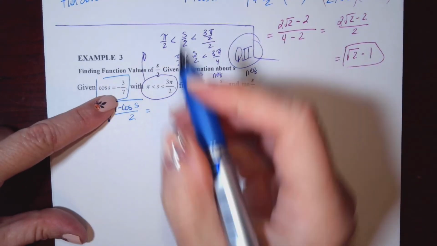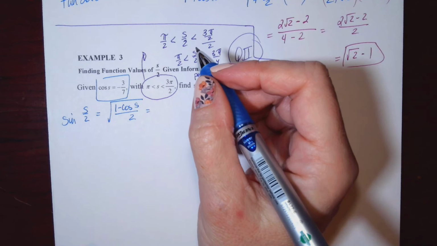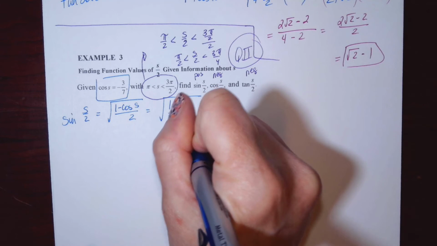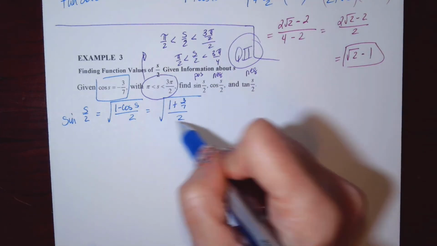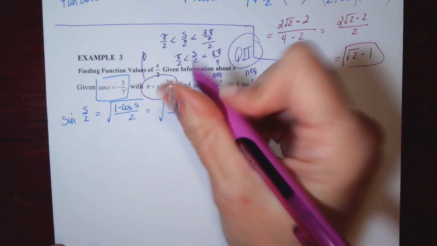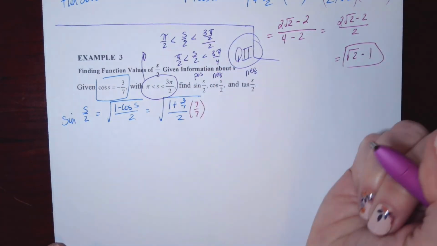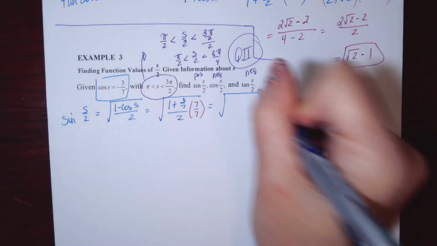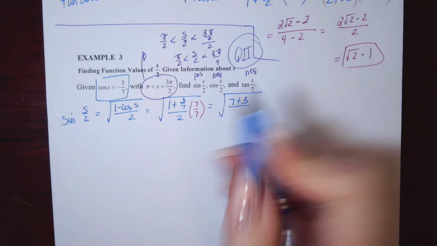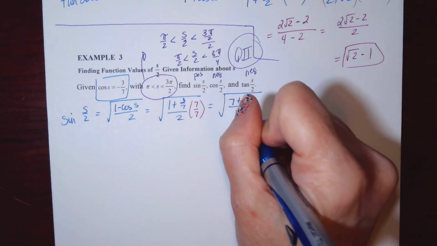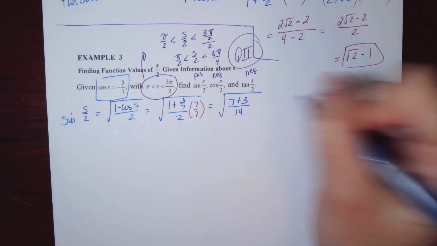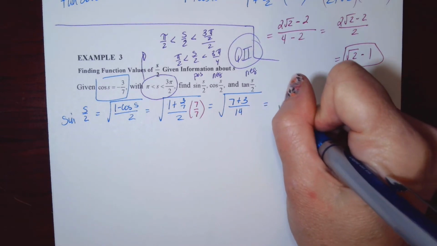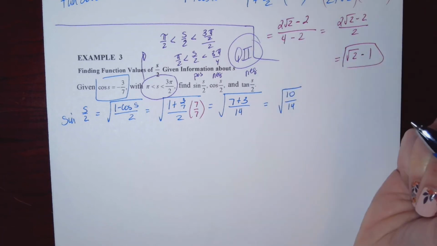And I'm given that cosine of s is a negative 3/7. So 1 minus a negative becomes 1 plus 3/7 as my numerator. I need to clear up this little internal fraction by multiplying by that well-chosen 1, 7 over 7 in this case, which leads me to 7 plus 3, because I distribute that 7 in my numerator, over 14. And 7 plus 3 is 10, so I've got square root 10 over 14.